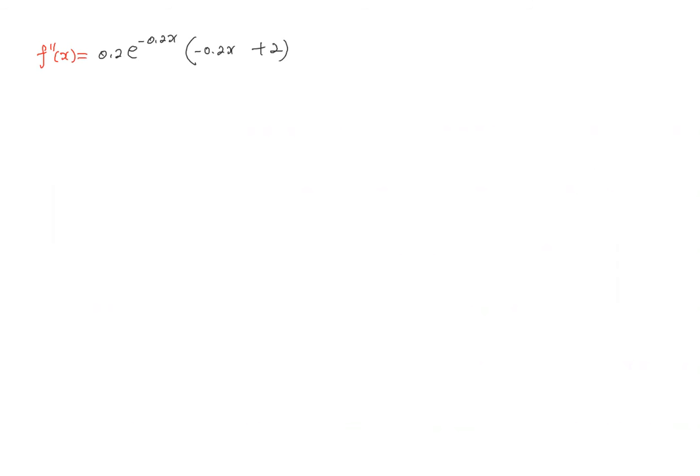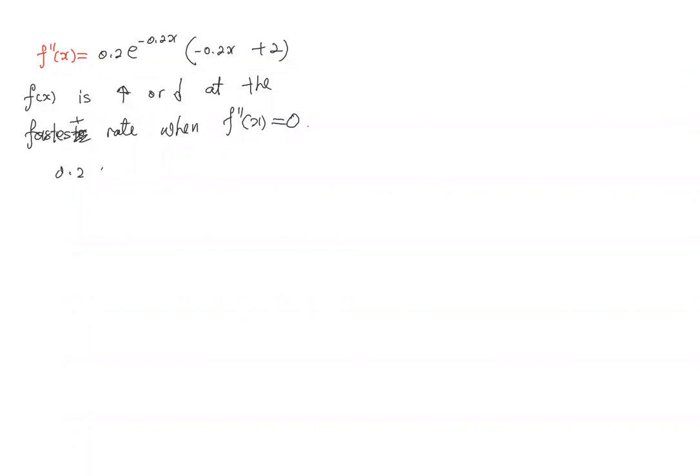So f x is increasing or decreasing at the fastest rate when f double prime x equals 0.